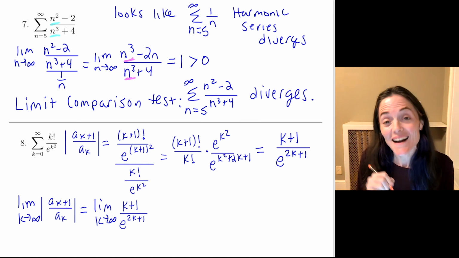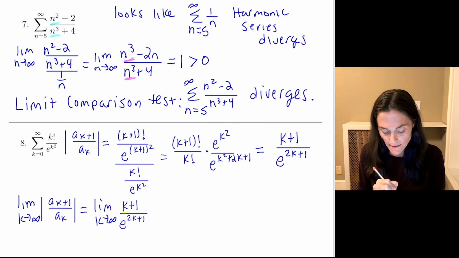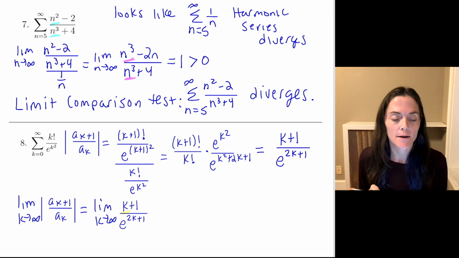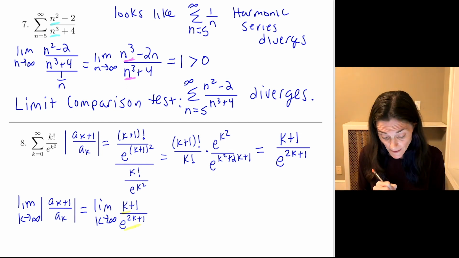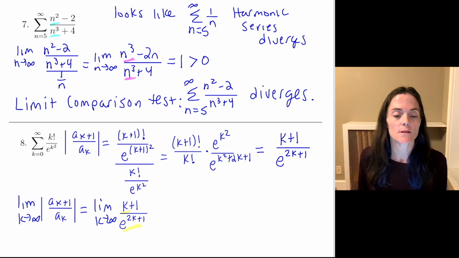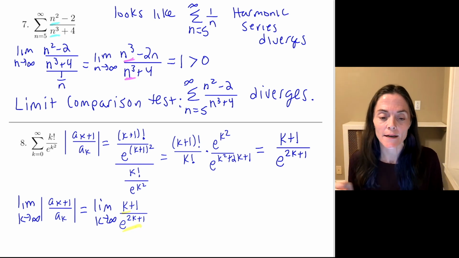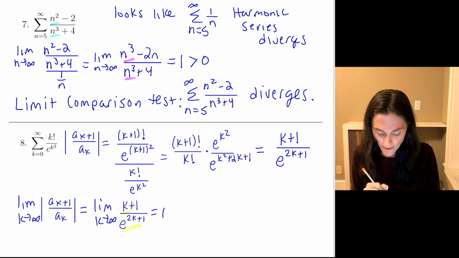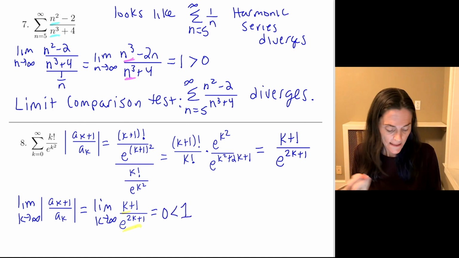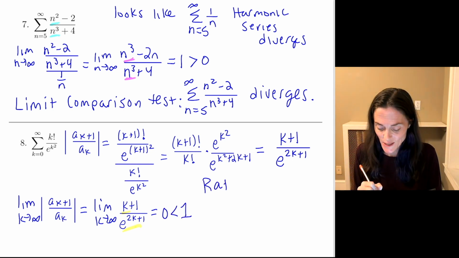Well, now is where we can use growth rates. This is a k dominating the numerator. My denominator is exponential. So without a doubt, the denominator is growing significantly faster than the numerator. This limit is 0, which is less than 1. So we can quote the test. This is the ratio test.